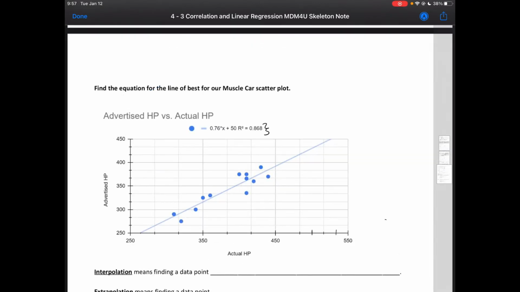Let's go ahead and find the equation of the line of best fit for our muscle car scatter plot.